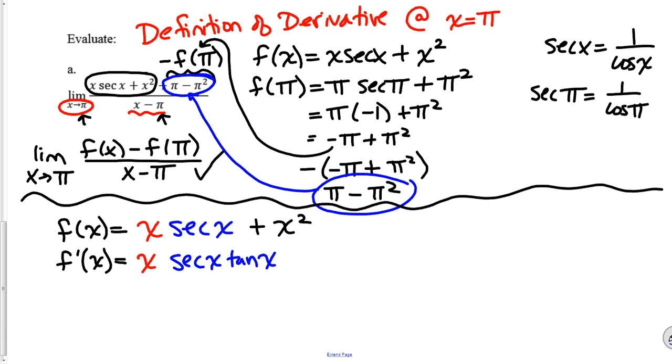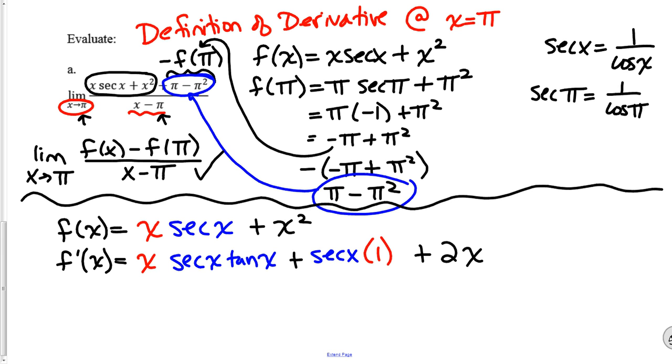And then plus the second, which is secant x, times the derivative of the first, and the derivative of x is just 1. And then I have this plus x squared, and the derivative of x squared is 2x. So now what I need to do is plug in my pi and evaluate.